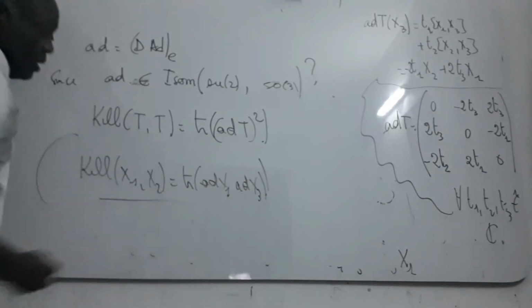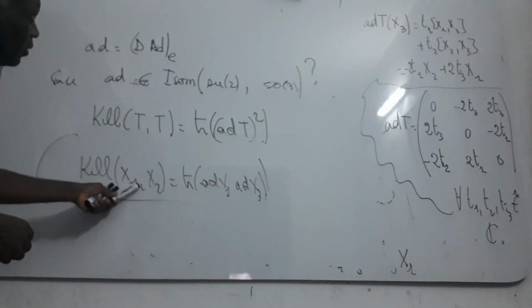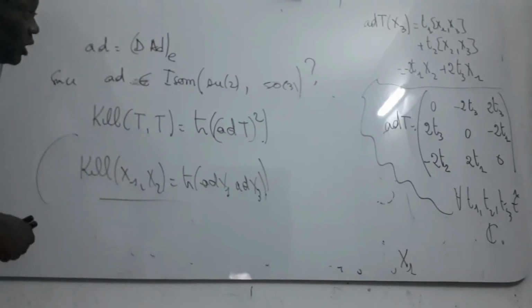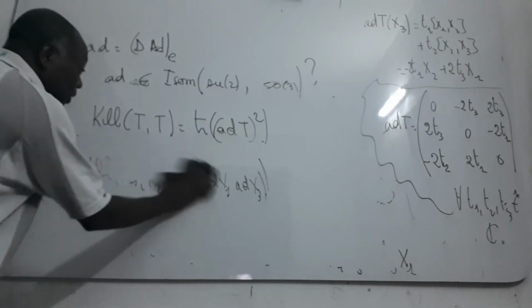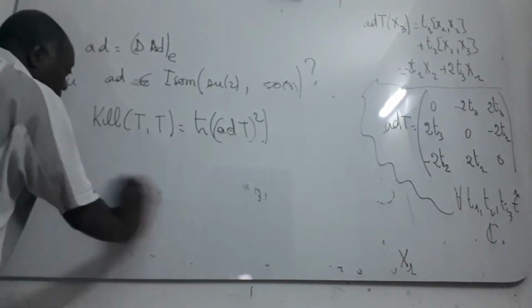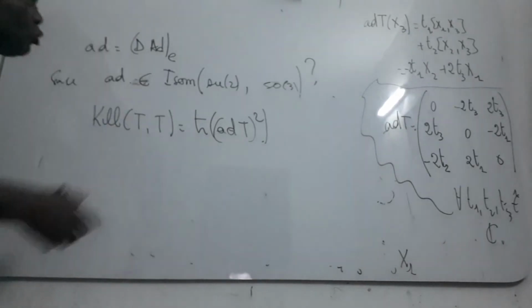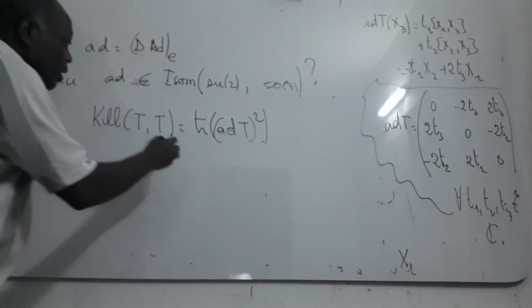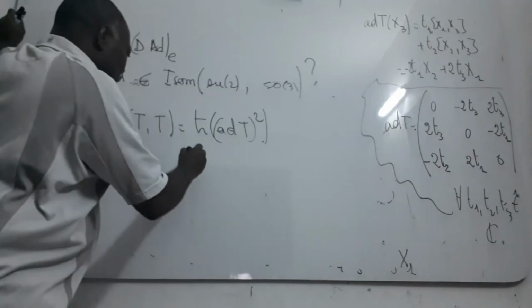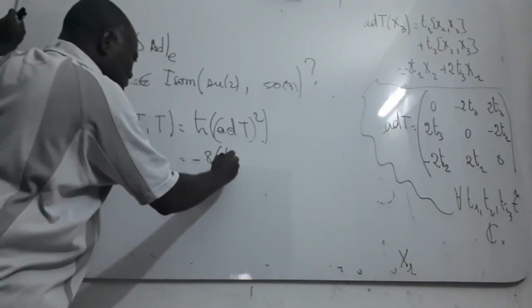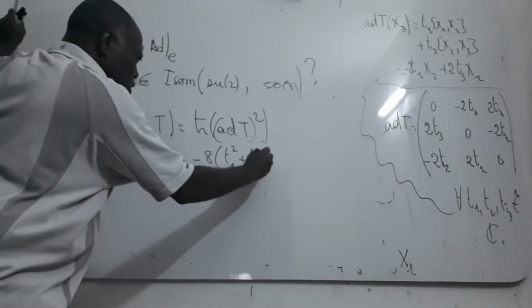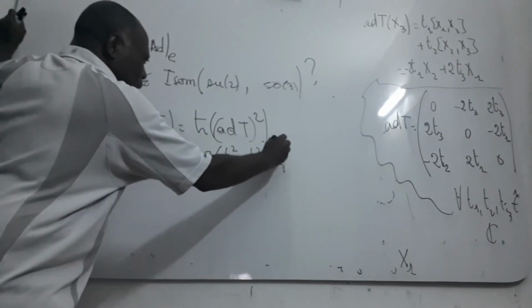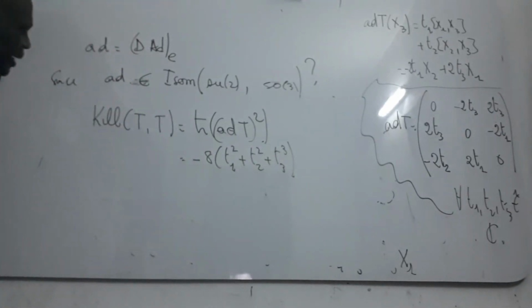It's just the definition of the Killing form, because this algebra is also extremely simple. You can compute the Killing form of this as the trace of this. We have this sum, and if we compute it, it will be equal to T1 squared plus T2 squared plus T3 squared.